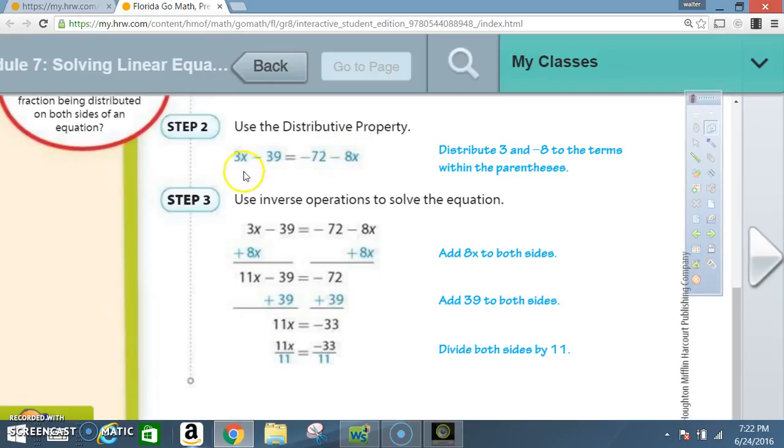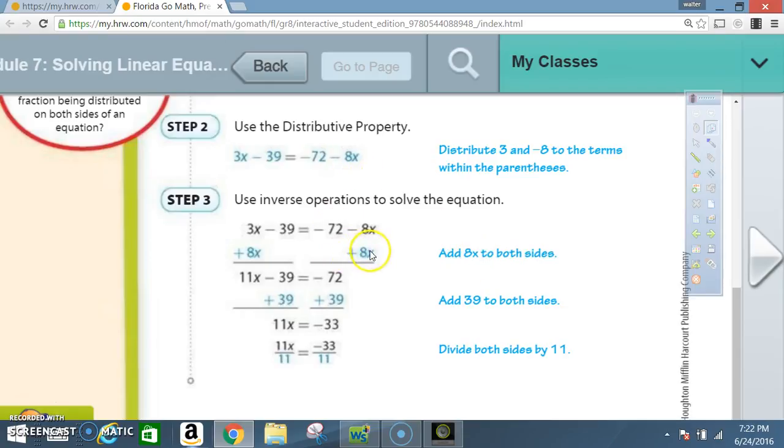Okay, now we're back to where we have an equation with variables on both sides, and we must put the variables on the same side. And my rule is to move the smaller x. You don't have to, but you should. If I move the smallest x, that means between 3x and a -8x, I'm going to move the -8x. To move the -8x, I must add a positive 8x to both sides.